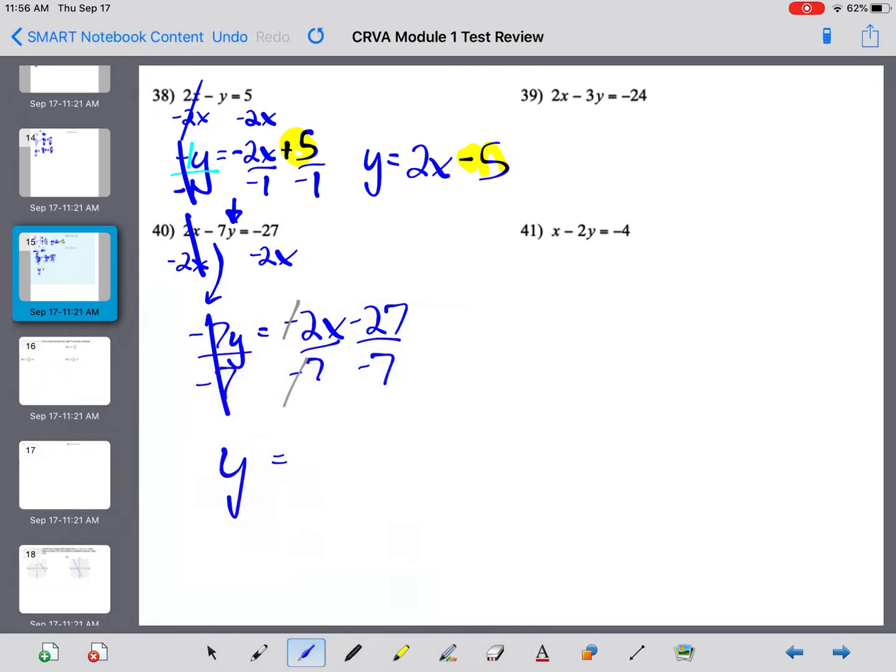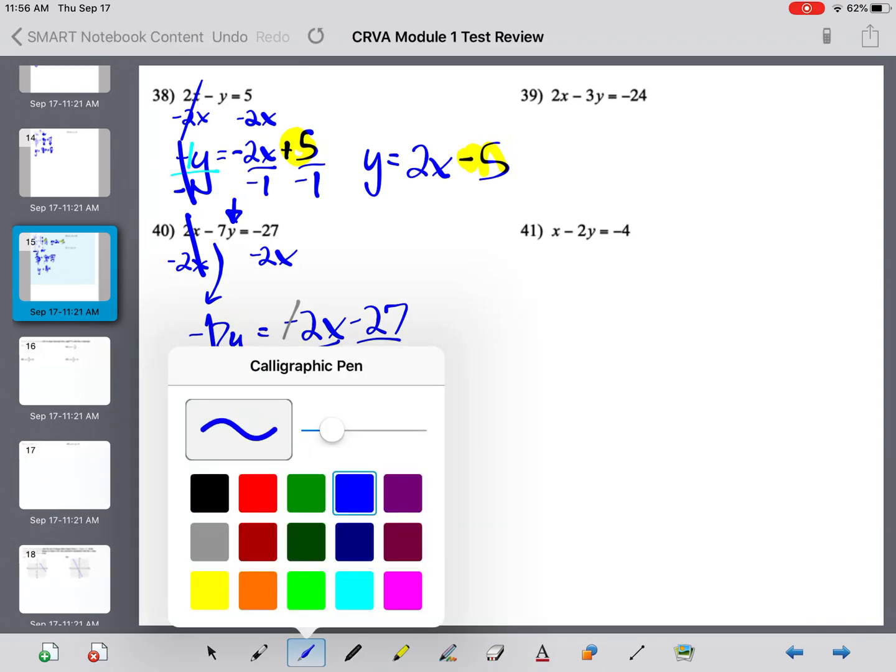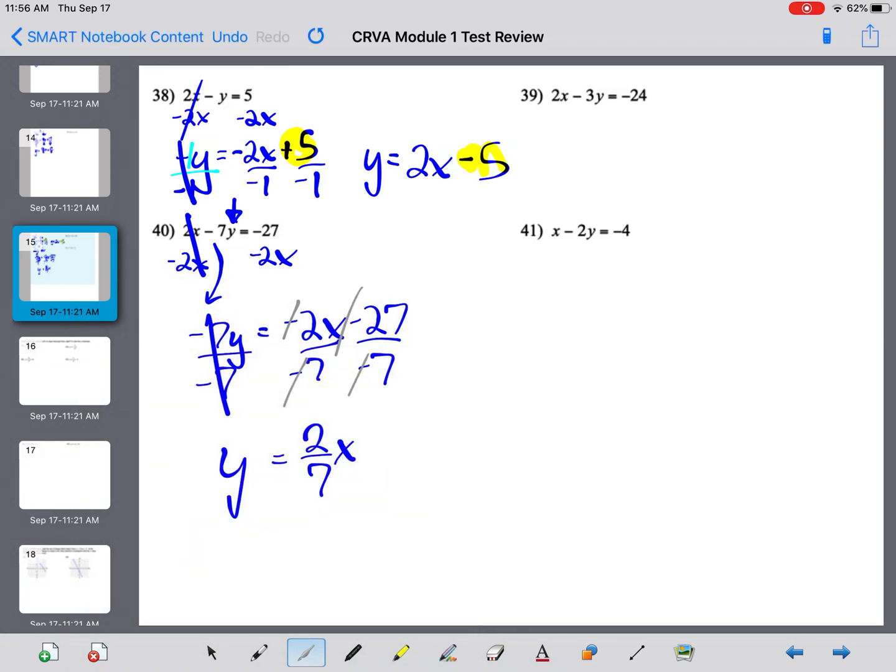So we get positive 2/7. I'm going to put the x off to the side, but again, you can keep it on top. And here again, the negative signs cancel out. So if the negative signs cancel out, that means this 27/7 is positive. Boom.